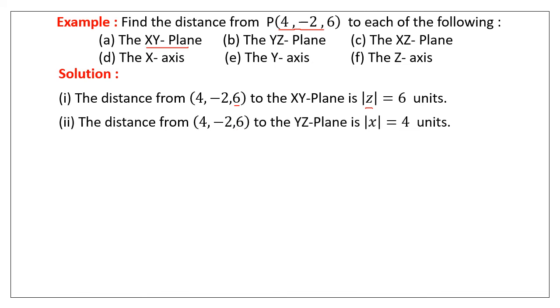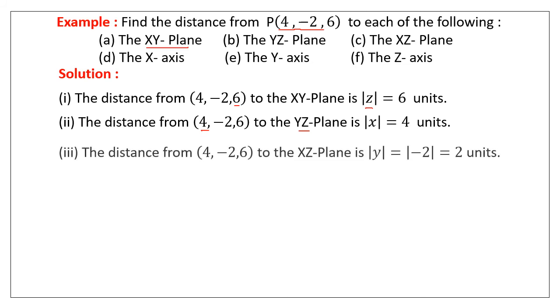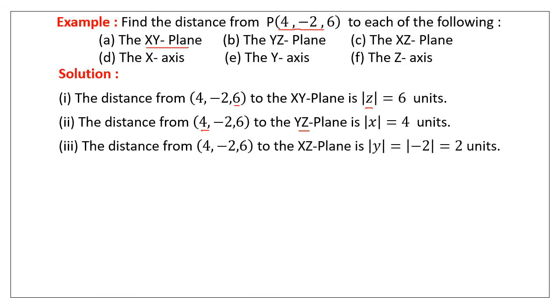The distance from point P to the yz plane is nothing but mod of x, equals 4 units. The distance of point P from the xz plane equals mod y, equals mod of -2, equals 2 units.